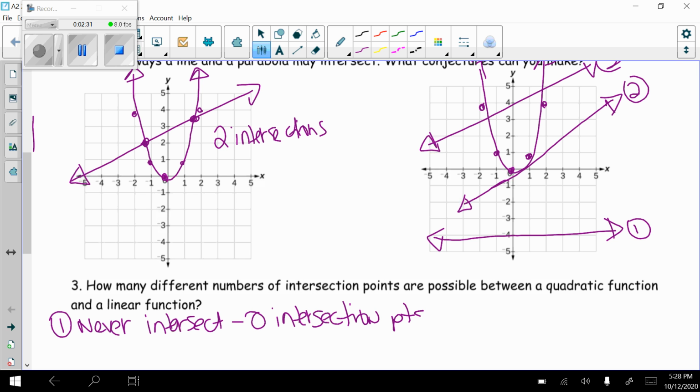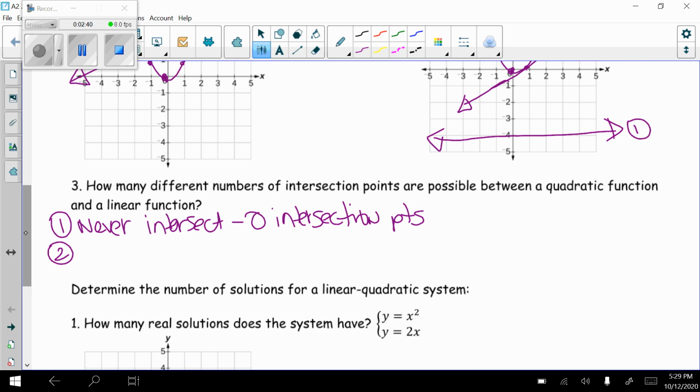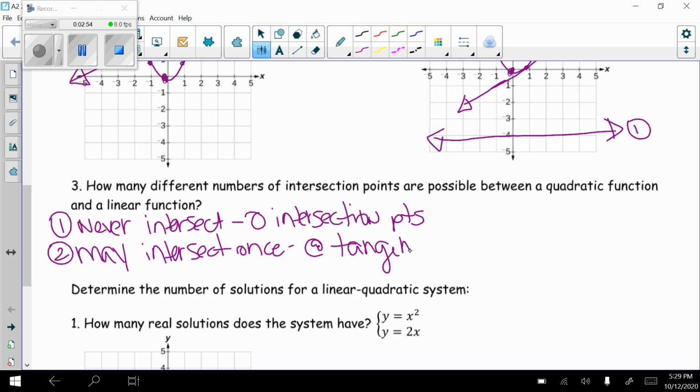If I look at line number 2 that I drew, I see it's only going to touch my parabola once. So it may intersect once. And where it intersects once, this is called a tangent line. If your line only touches your parabola one time, that's called the tangent line.